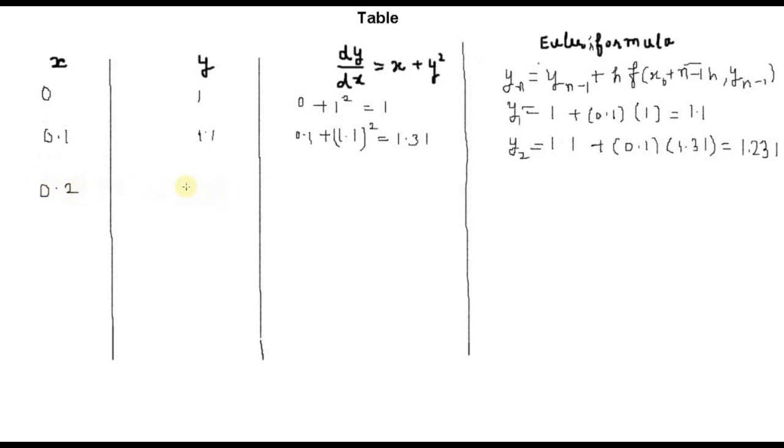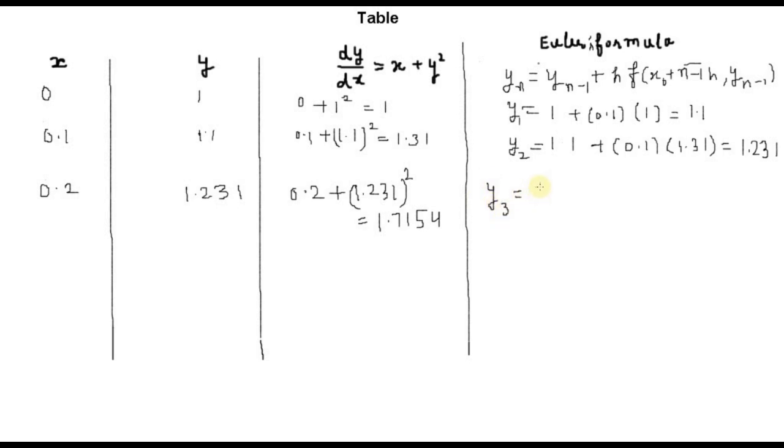So at this step, x2 is 0.2 and y2 is 1.231. Using this, it is 0.2 plus 1.231 square, and this will be calculated up to 4 decimal places. So it is 1.7154, and now y3 will be obtained.